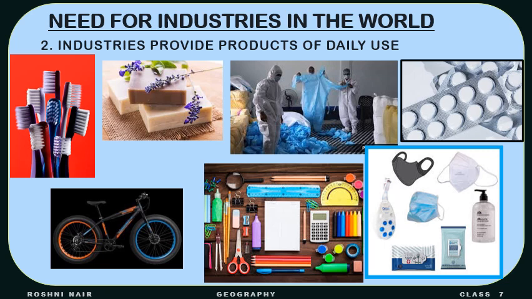We have hand sanitizers nowadays, we can't survive without that, right? And tissue papers, even the bicycle, even any type of stationery which we are using, every other thing is being manufactured in the industries. And so we can say that industries provide us products of our daily use. Without these we can't survive, right from mixie, right from plates, right from spoon, anything for that matter.